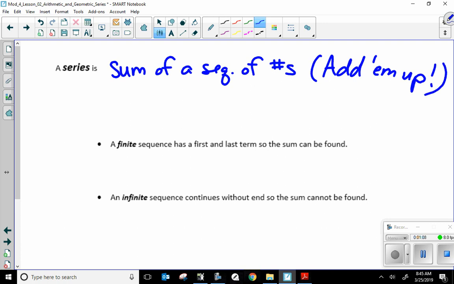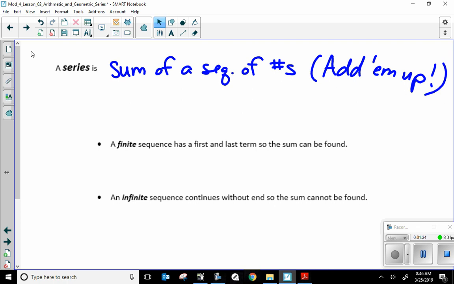So when we talk about series, we're still talking about sequences. There's one minor difference. We're just going to add up those numbers in that list. A sequence is a list of numbers, and a series is just taking that list and adding them up. I've said it 3 different ways, and I hope you understand that.